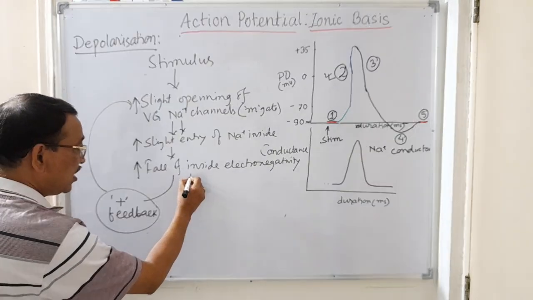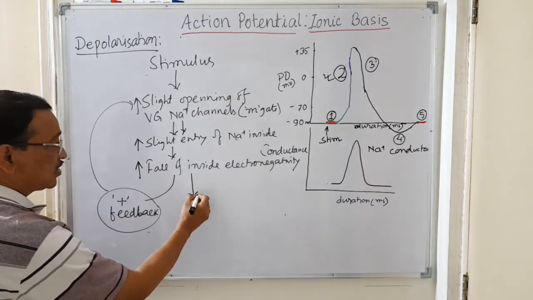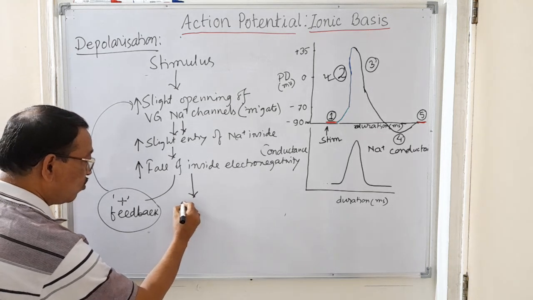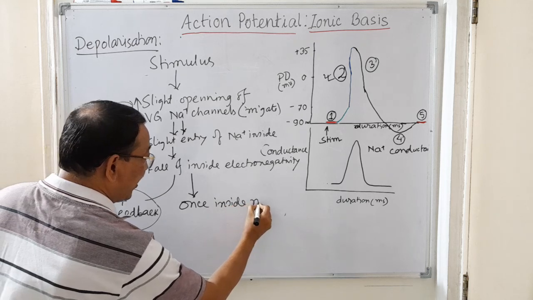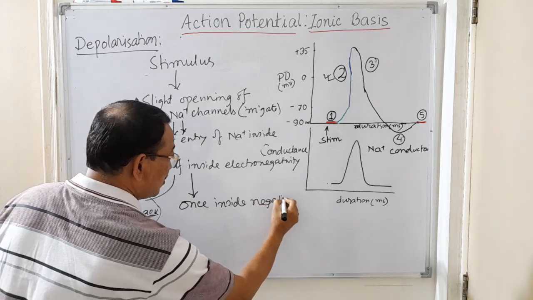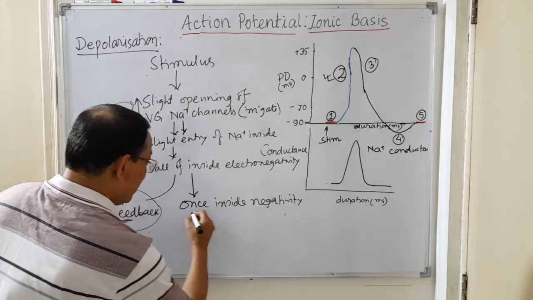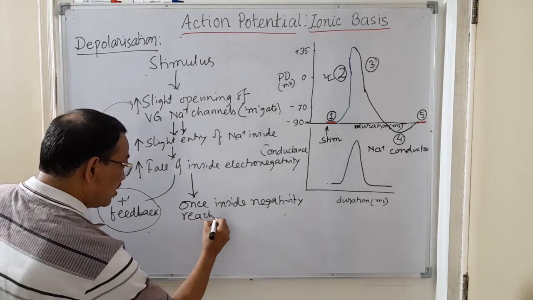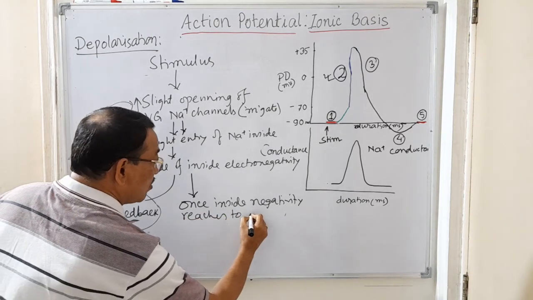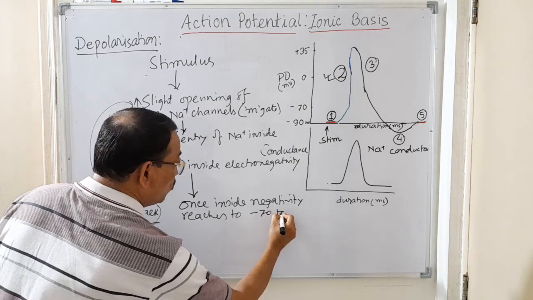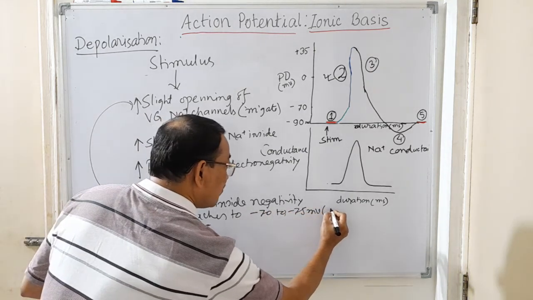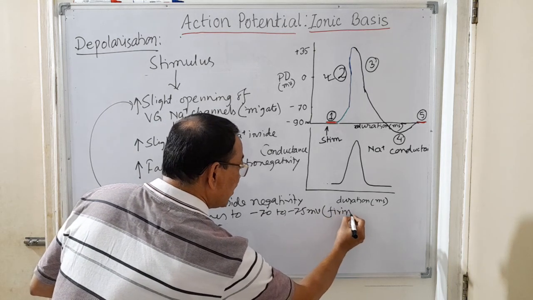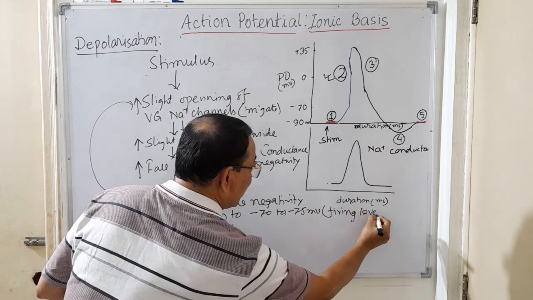And once the inside negativity reaches minus 70 to minus 75 millivolt, that is known as the firing level.